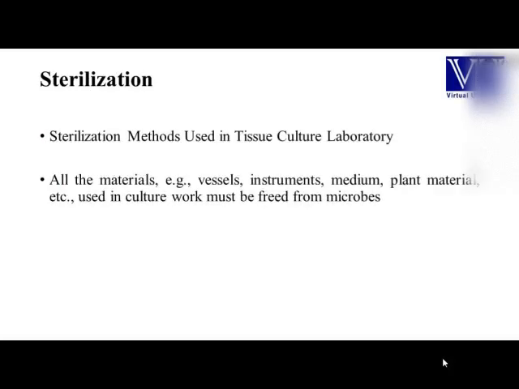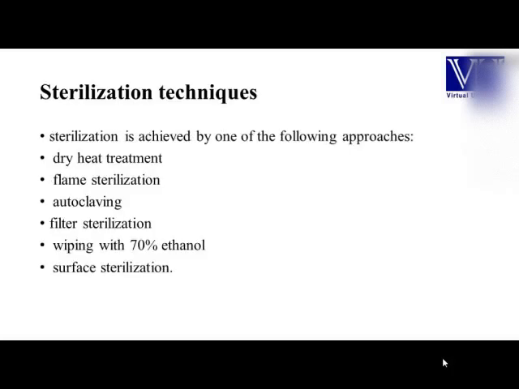Now we will discuss sterilization. Sterilization is a technique of making any instrument or medium germ free. Sterilization methods are used in the tissue culture laboratory. All the materials, for example vessels, instruments, medium, plant material, etc., used in culture work must be freed from microbes, because these microbes can cause contamination and can disturb plant tissue culture.